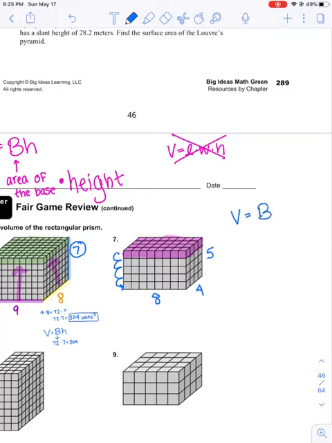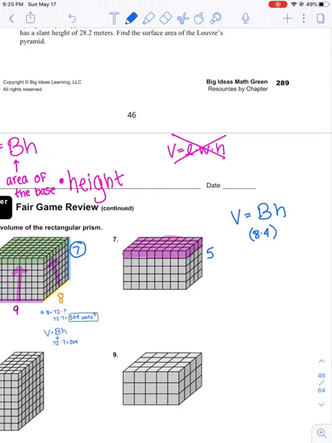Volume equals area of the base times the height. And I'm going to do the area of the base first. The area of the base can be found by using 8 and 4. Because 8 would be the top layer going that way, 4 would be the top layer going that way. So 8 times 4, and that's 32. I'm going to save that number in my head for later.